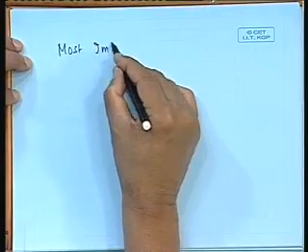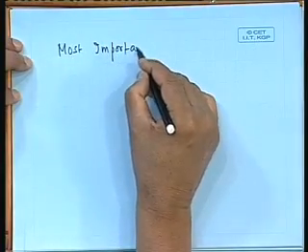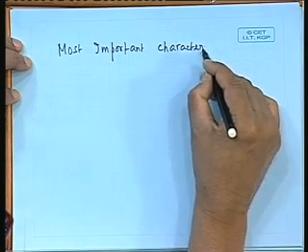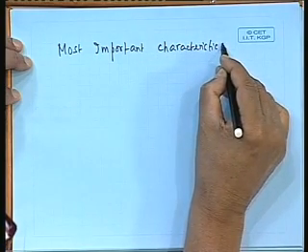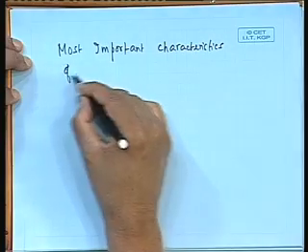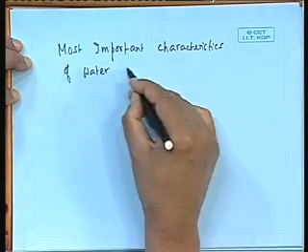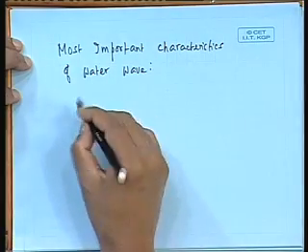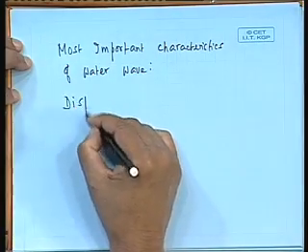Now, I do not know how much time we have got here. One of the most important things that I did not mention, the most characteristic thing, is that it follows a relation called the dispersion relation.